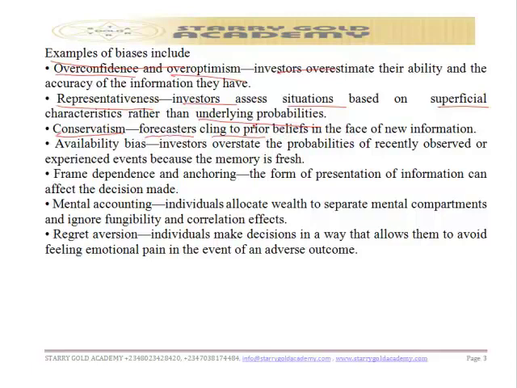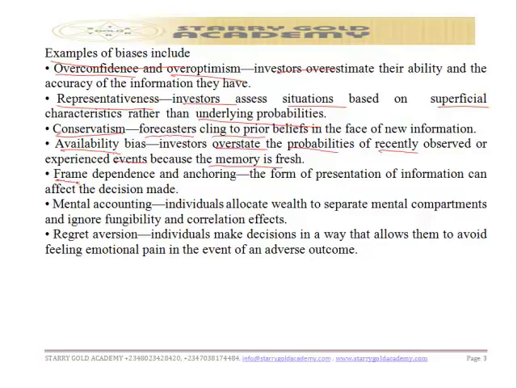When information surfaces, the forecaster will still cling to former beliefs. We also have availability bias, which indicates that investors overstate the probability of recently observed or experienced events because the memory is fresh. That is availability bias.